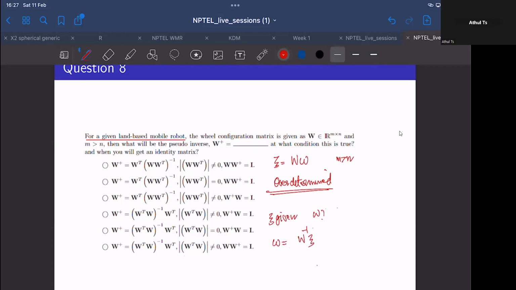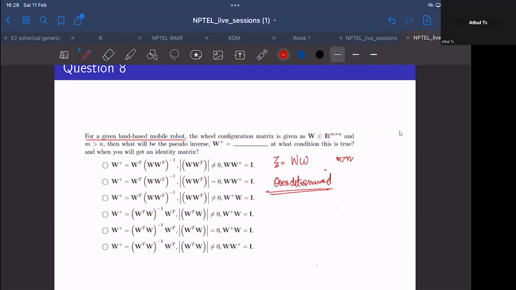But since in this case W is not a square matrix, in order for us to take the inverse we would require W to be a square matrix. When M is greater than N, it's obviously going to be a rectangular matrix. It's not going to be a square matrix. Then how would we find the solution omega? Well, in fact, if this is indeed the case, there are no solutions.